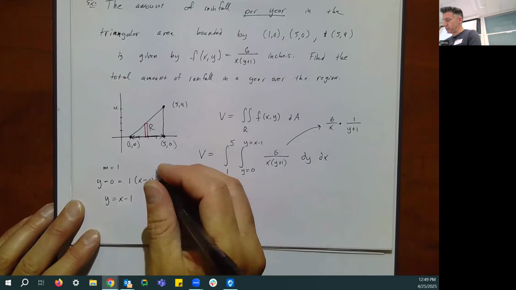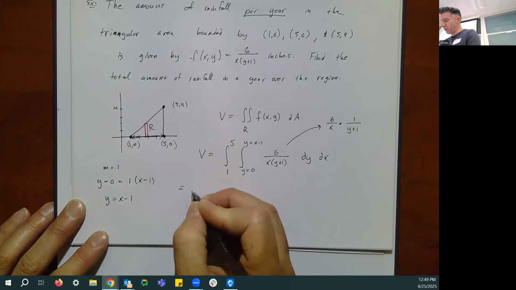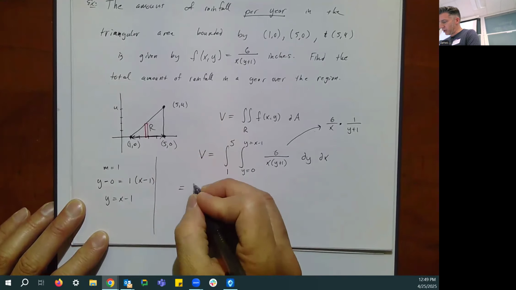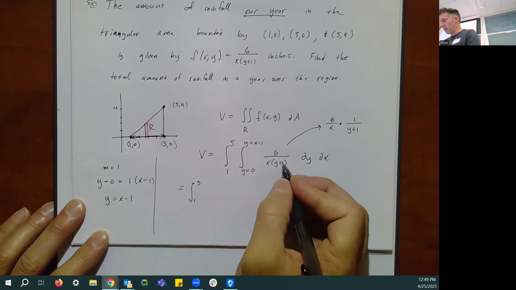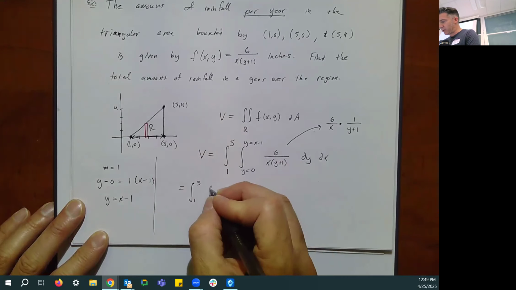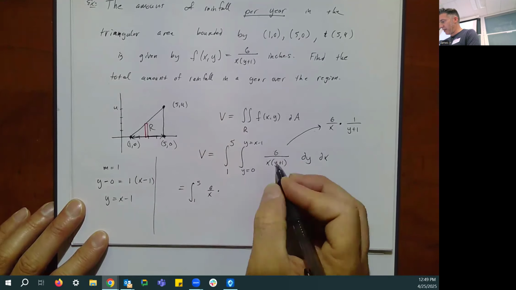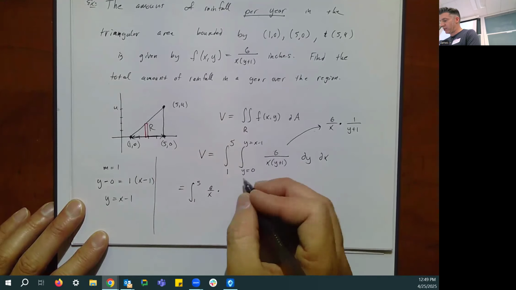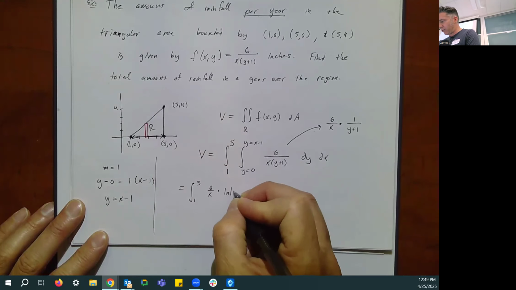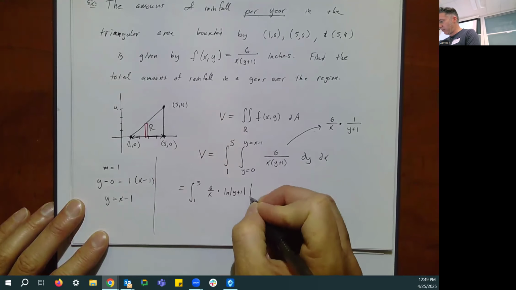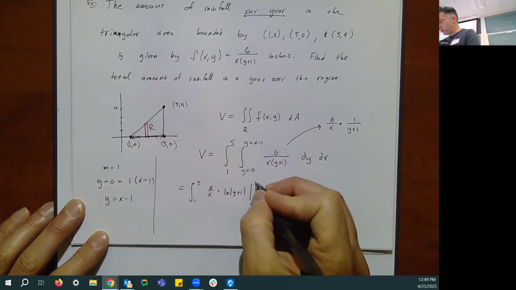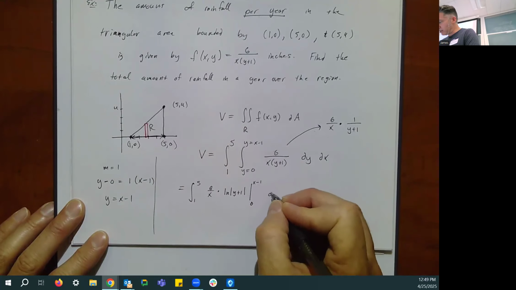So the first inner integral gives us still the integral from 1 to 5, with 6 over x hanging out, and the antiderivative of 1 over y plus 1, the natural log of the absolute value of y plus 1, evaluated from y equals 0 to y equals x minus 1, still with a dx.